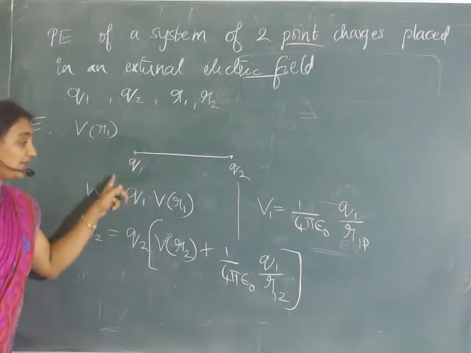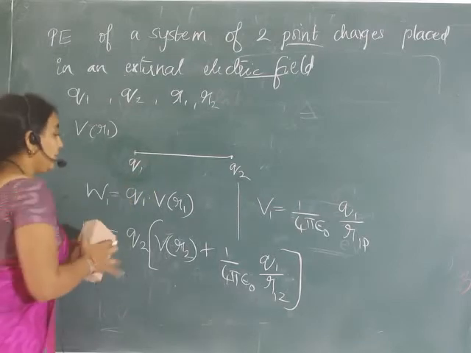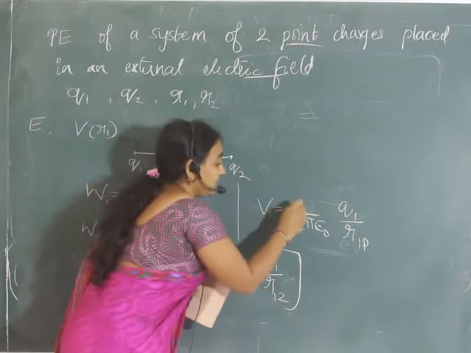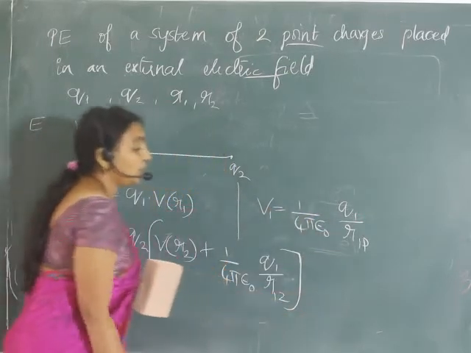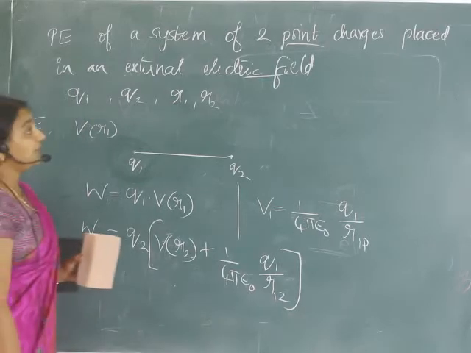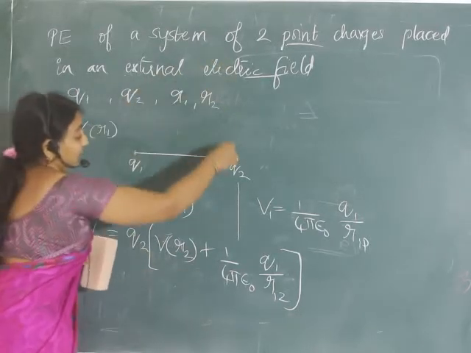Now, because of the charge Q1, the potential developed is 1 by 4 pi epsilon naught Q1 by R1P.